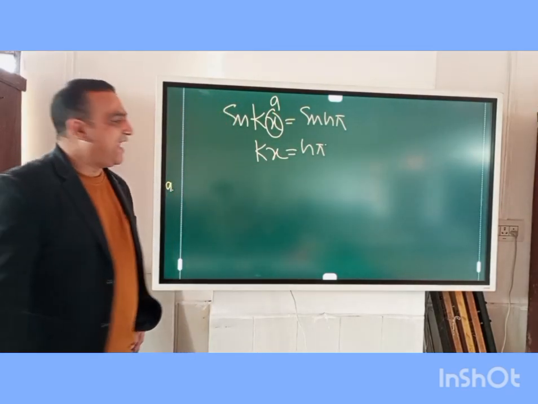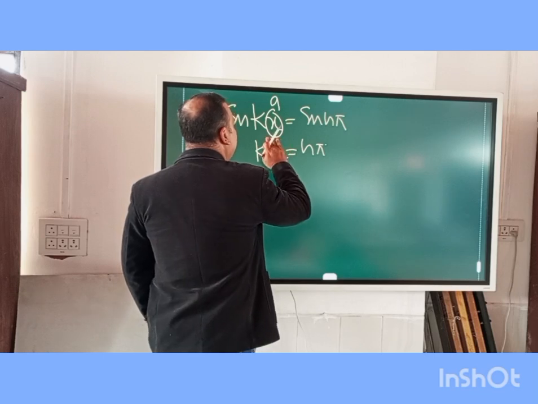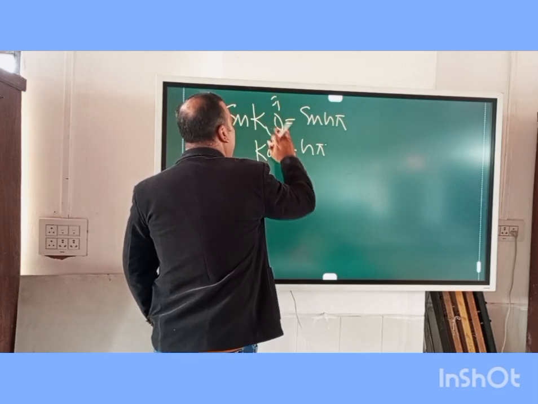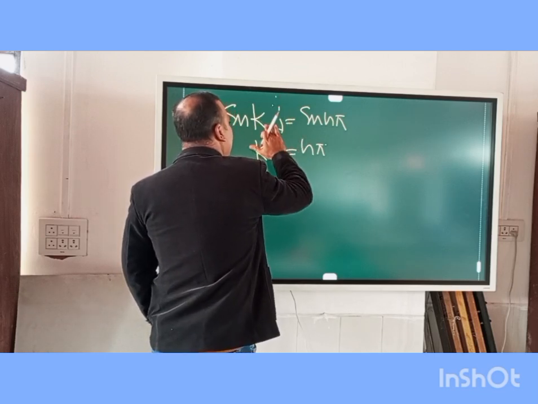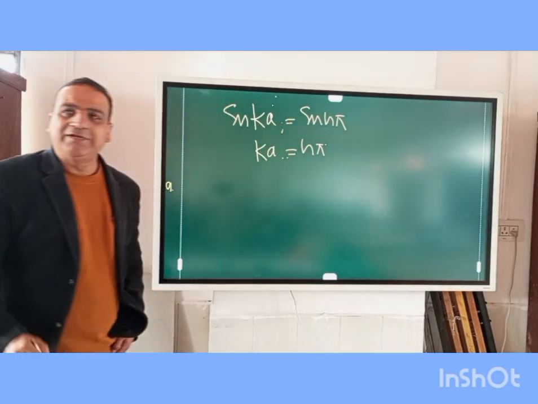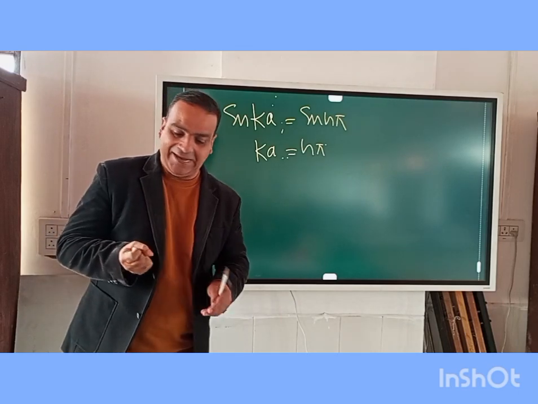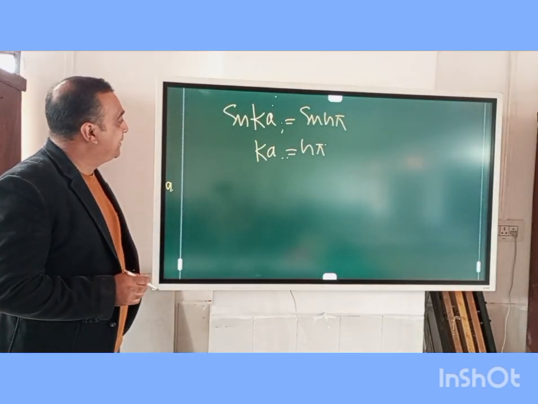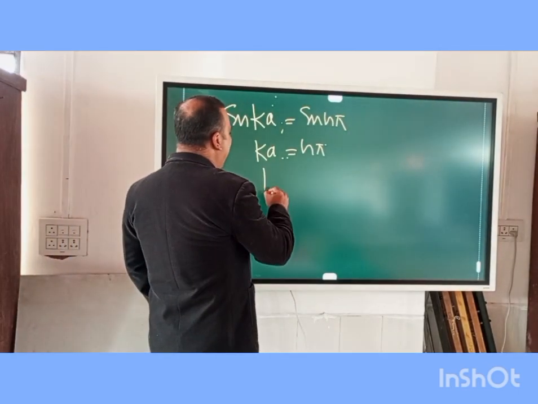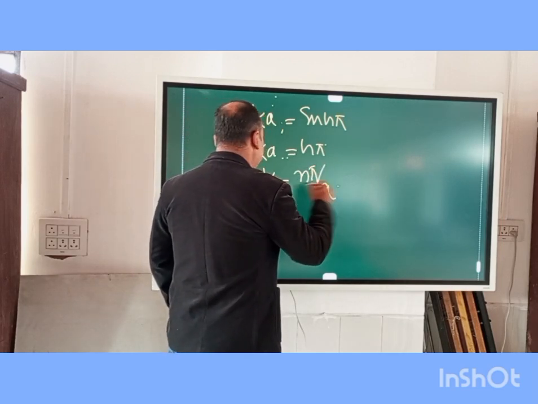It's ka. Okay, so I have got k. What is k then? K is n pi by a.